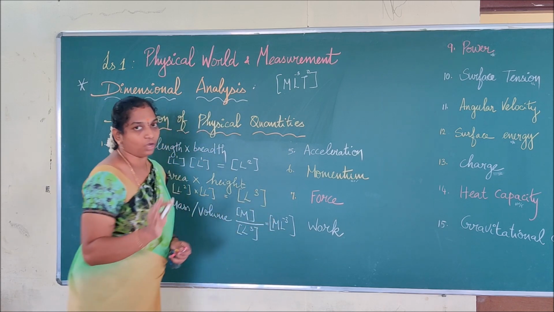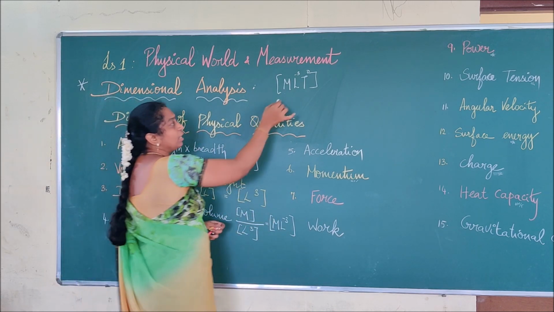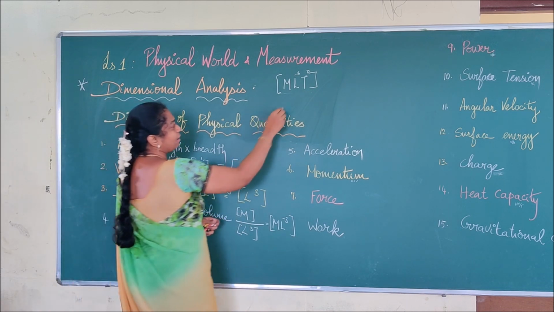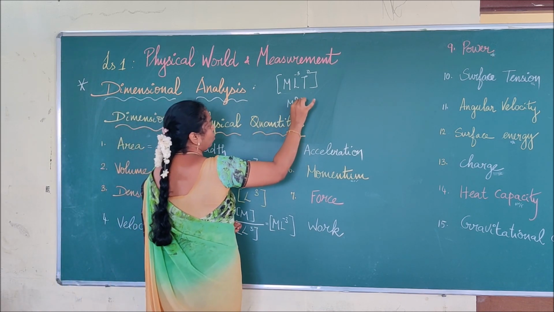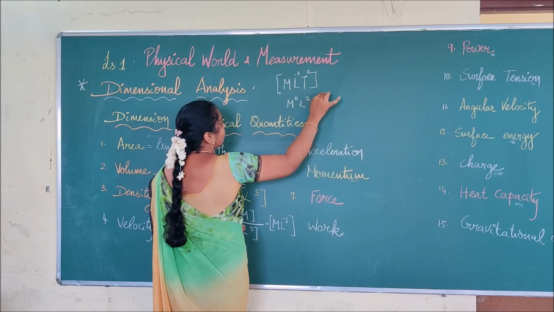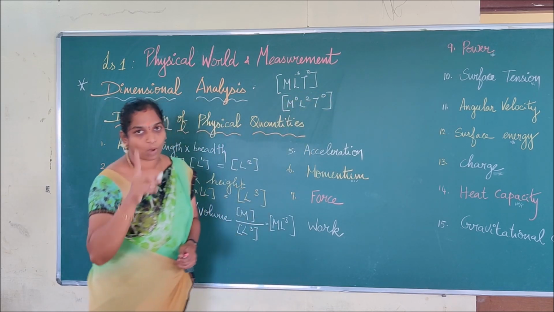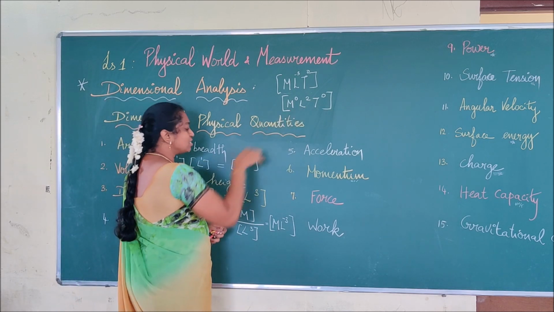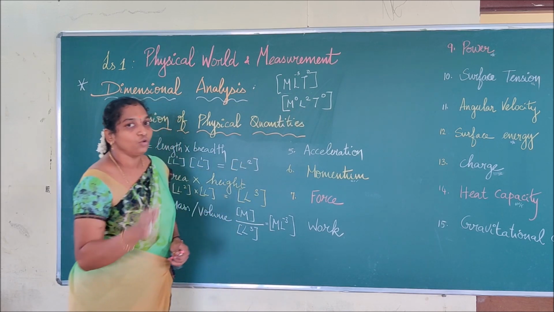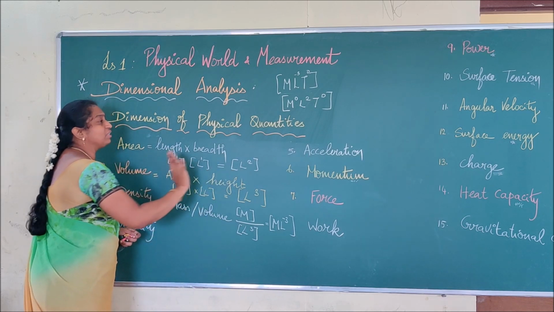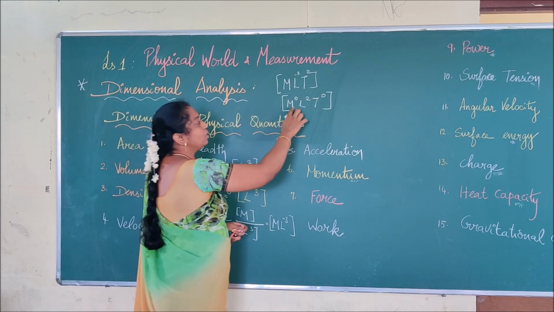Usually everything has 3 terms. If I want to write for L square, I can write M power 0, L square, T power 0. M power 0 or T power 0 is 1, so 1 into L square is L square. So if we know how to write the dimensional values, we can directly write the values.